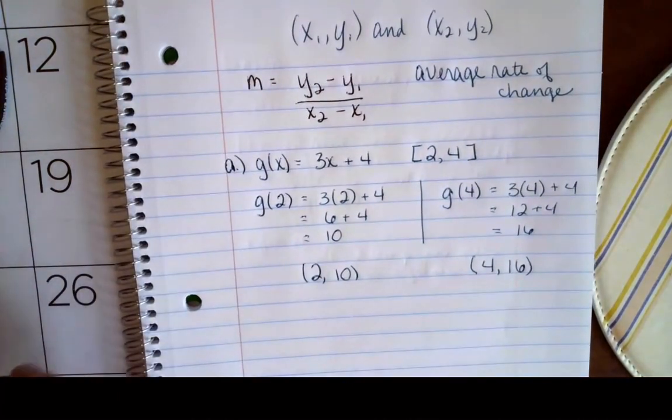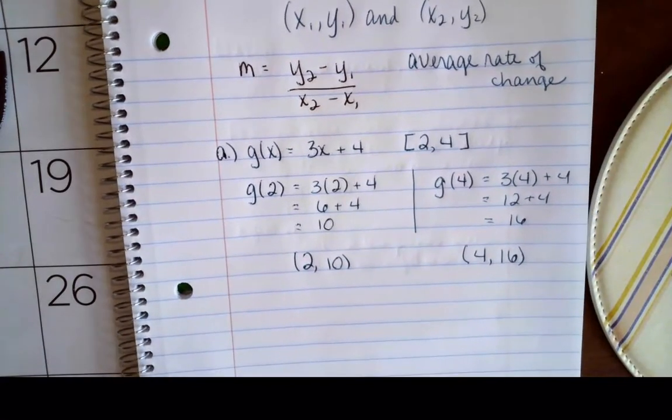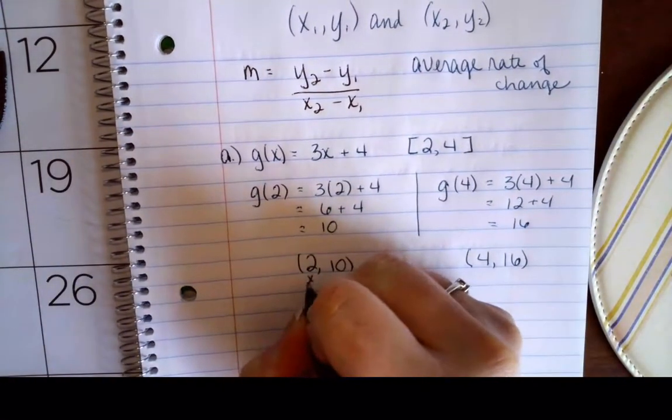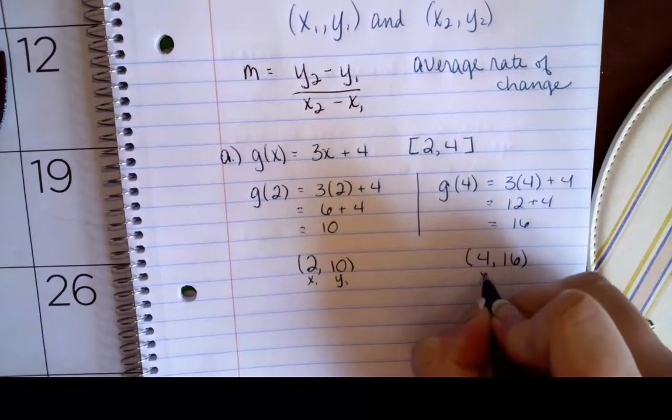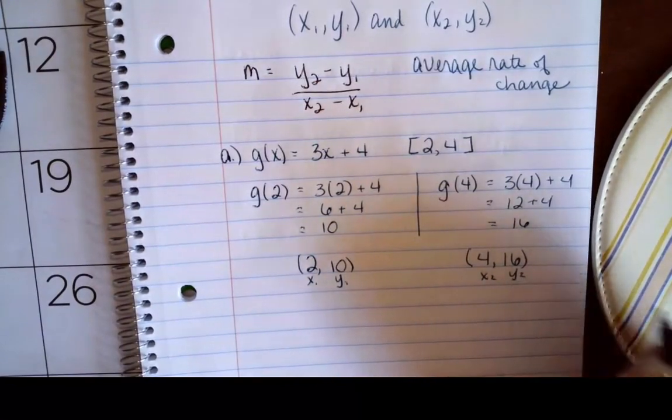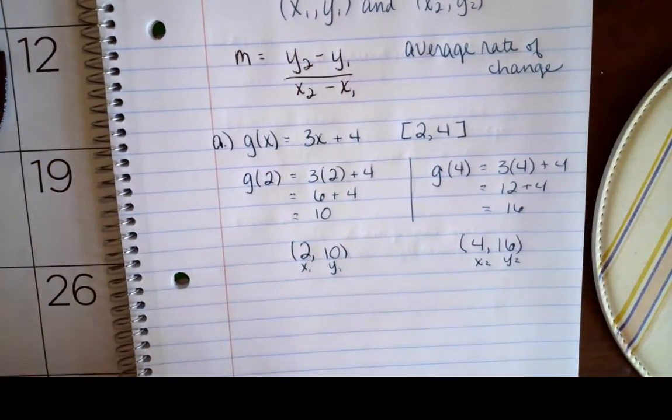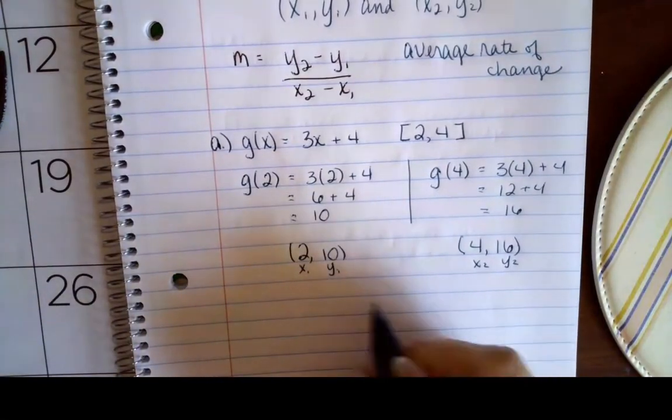And now I have x1, y1, x2, y2, so I can find slope from there. So if this is the first point I wrote down, it doesn't matter which point you write down first, the signs will work themselves out.